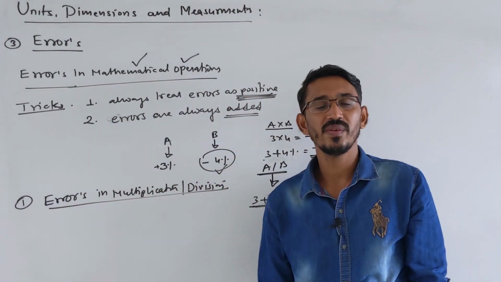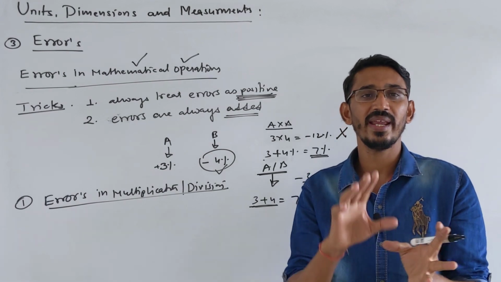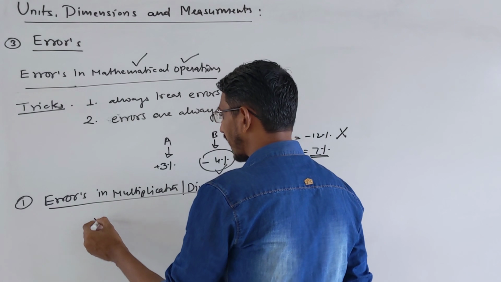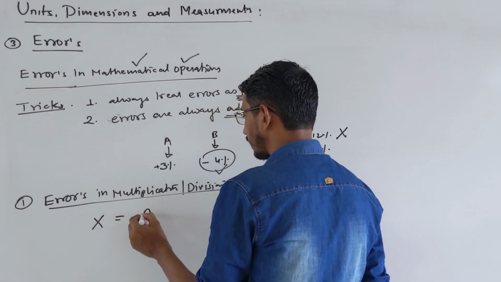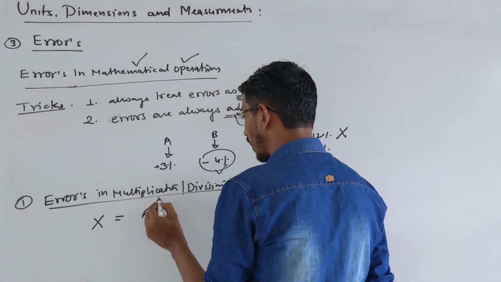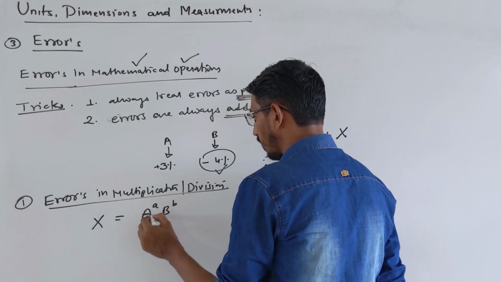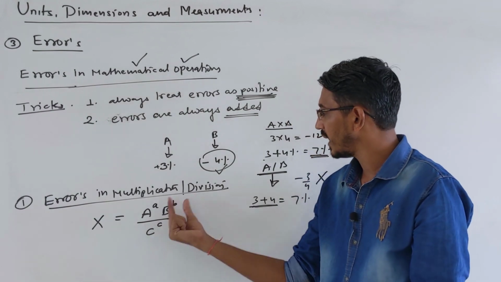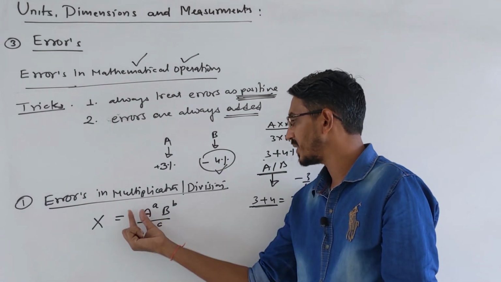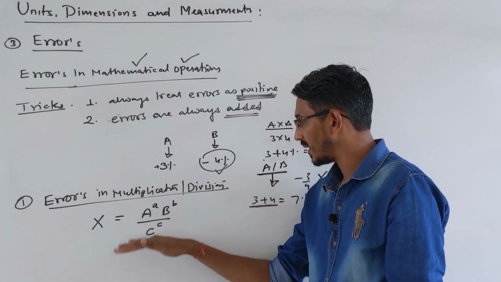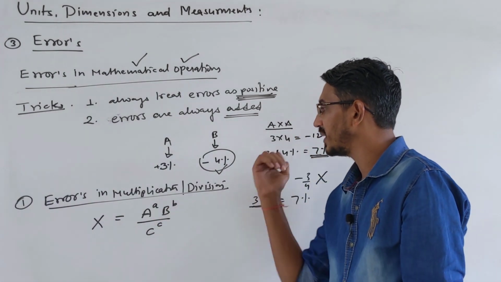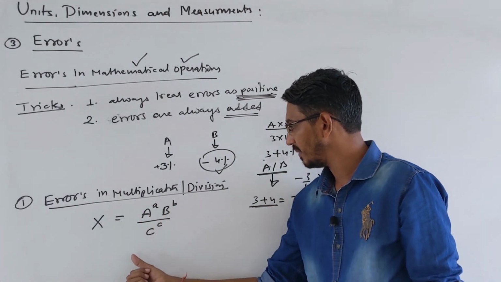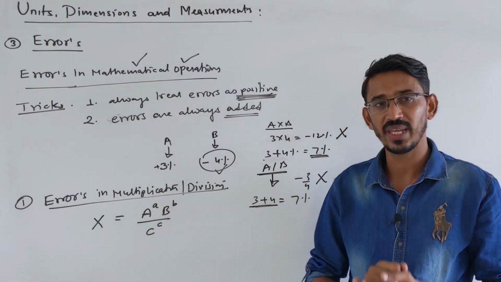If some formula is given where two or three quantities are multiplied or divided, then how do you find the error? Suppose I write some formula that x is given by a to the power small a, b to the power small b and c to the power small c, like this one. Here things are multiplied or divided, a into b by c. In that case, how do you write the errors? In questions they will give errors in A, B and C. These are three quantities and the errors in these will be given to you.